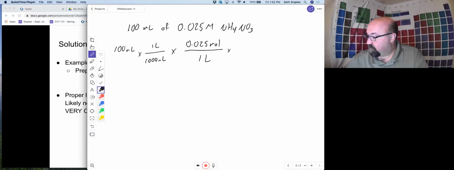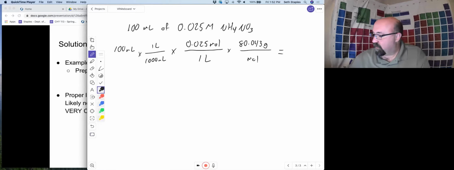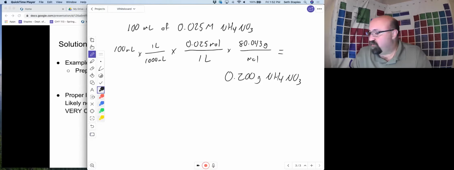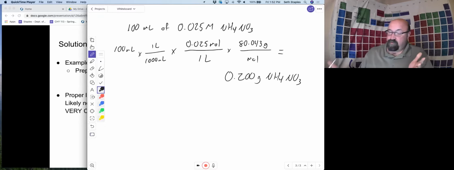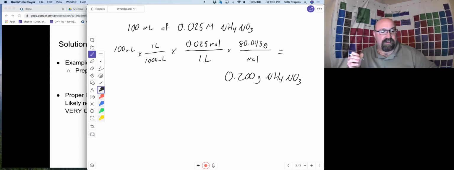The molar mass of ammonium nitrate is 80.043 grams per mole. We plug this into our calculator, and we get 0.200 grams of NH4NO3. So there it is. I like to have you do calculations on your own, but this was a good one to start out with to show you.